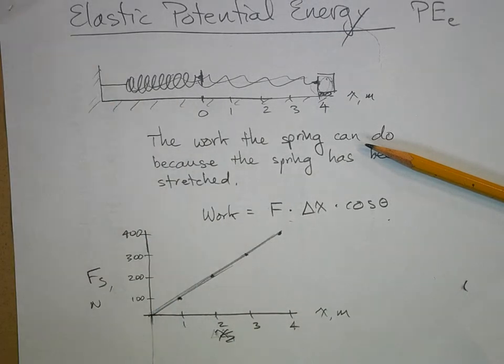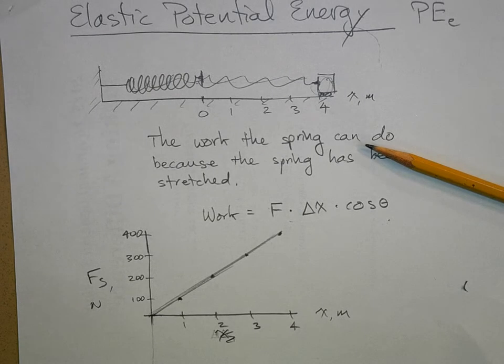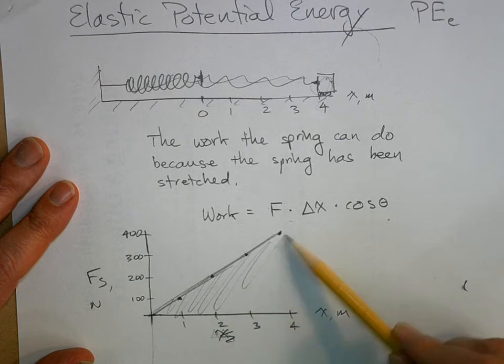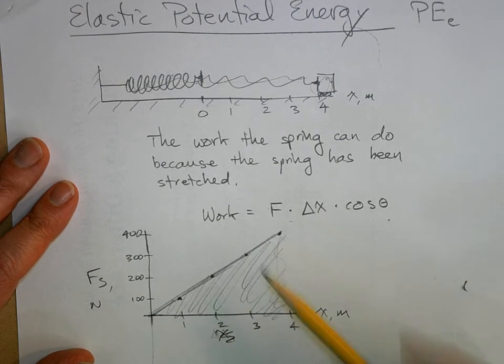So you can't just say 400 newtons times 4 meters. If you do, you've got twice as much work as has actually been done. What you have to do is figure this out. The slope.